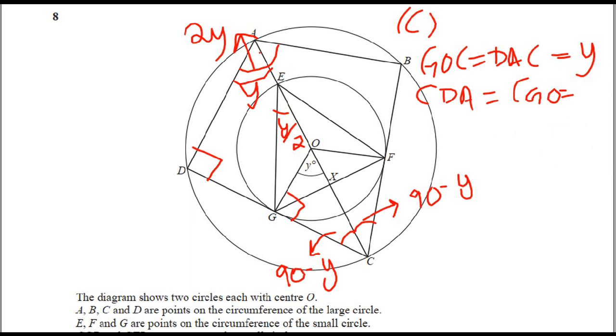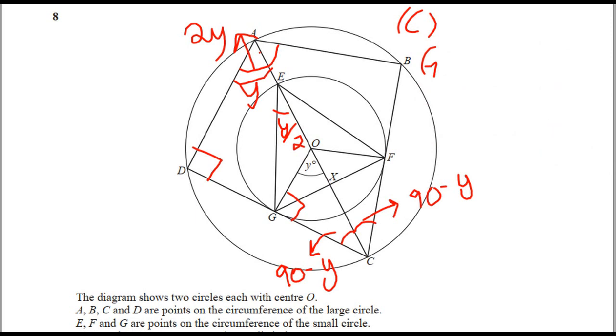This was part C. Part D, what special type of quadrilateral is AODG? So this right here is a trapezium. So you write trapezium. Part E, find the ratio of the area of triangle OGC and triangle ADC, the whole triangle.